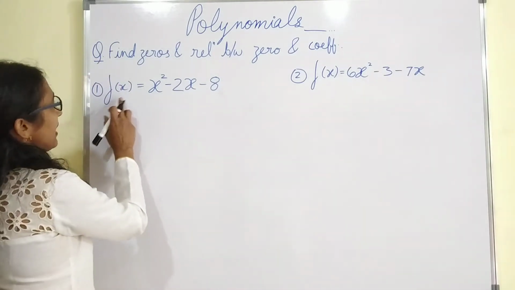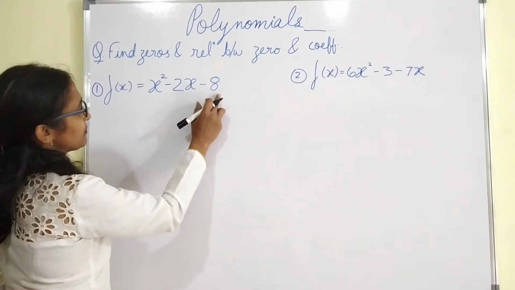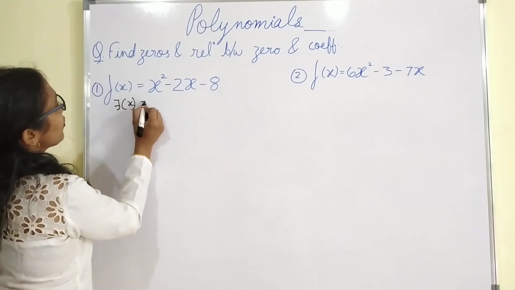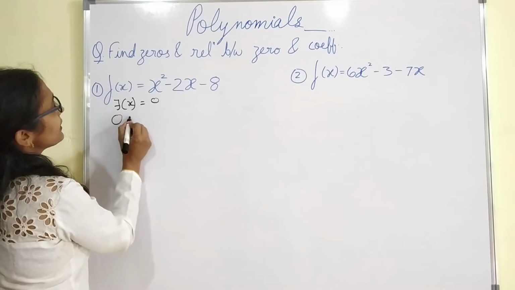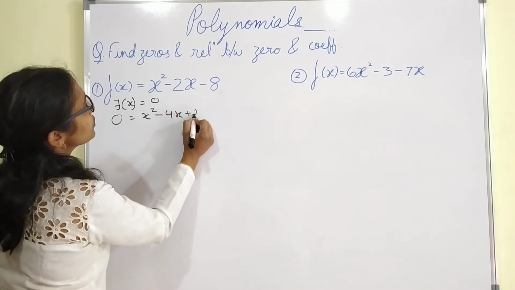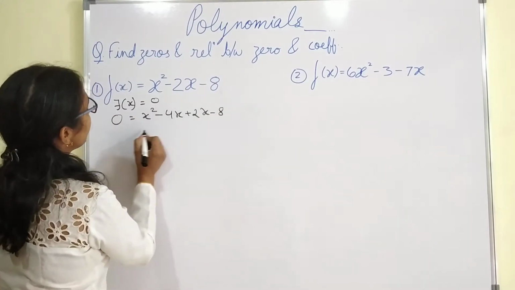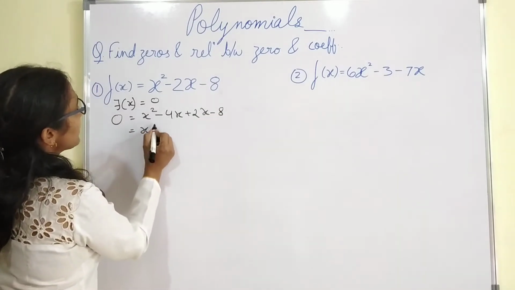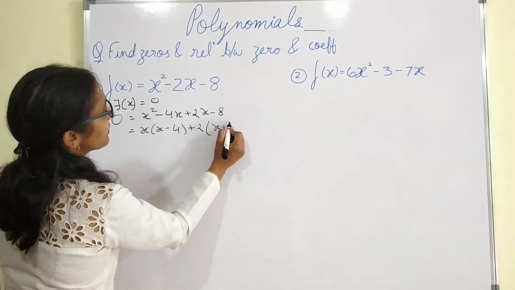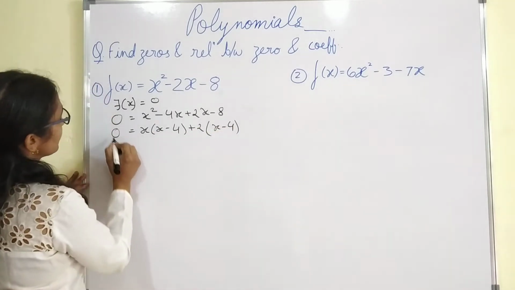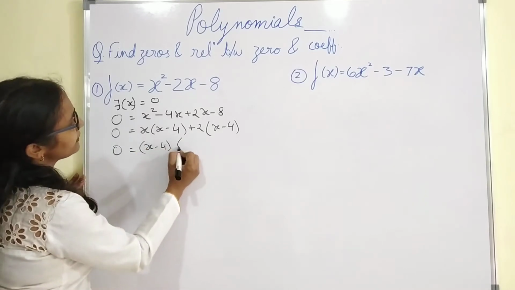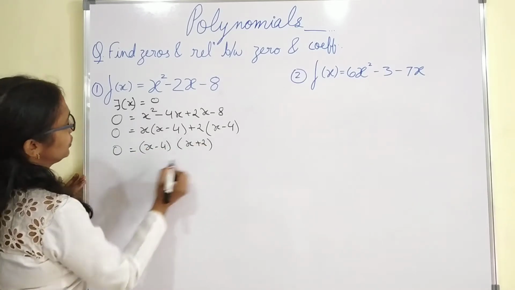So, f of x equals x square minus 2x minus 8. Setting f of x equals 0, we get 0 equals x square minus 4x plus 2x minus 8. So, x into x minus 4 plus 2 into x minus 4, that is x minus 4 and x plus 2.